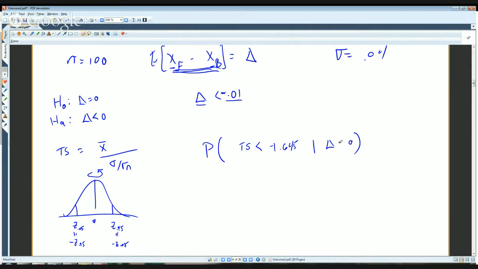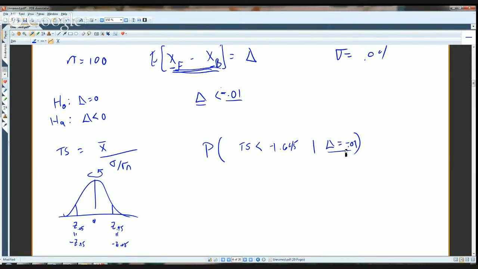And the thing about power calculations, you always have to assume a specific value, right? So we said in the problem that we want it to be 0.01 or smaller, and one of the problems of this is that our test statistic under this guy is no longer standard normal, right?